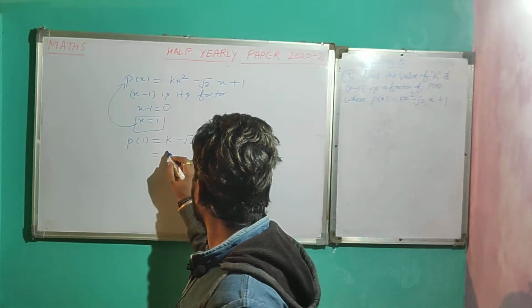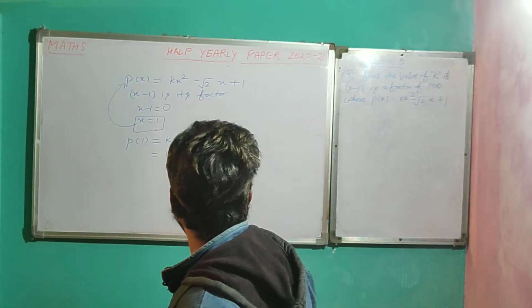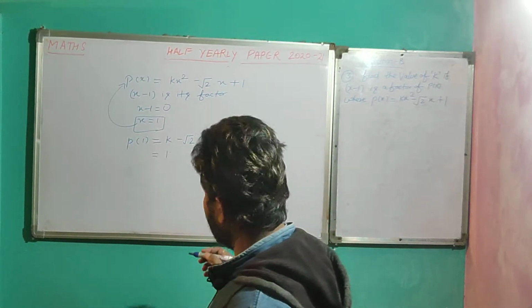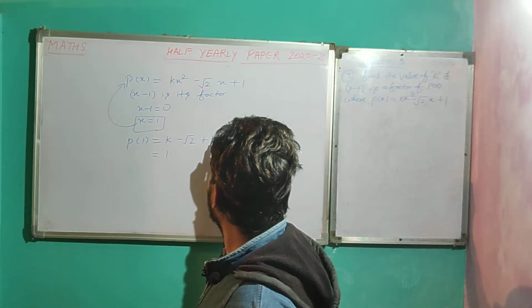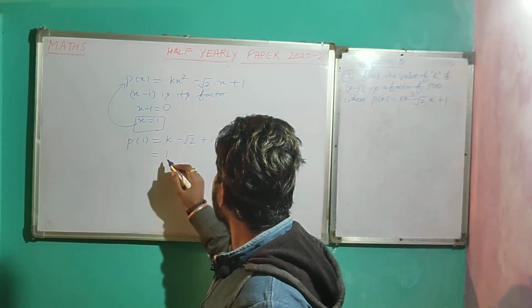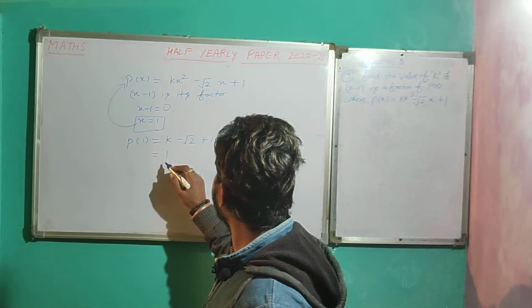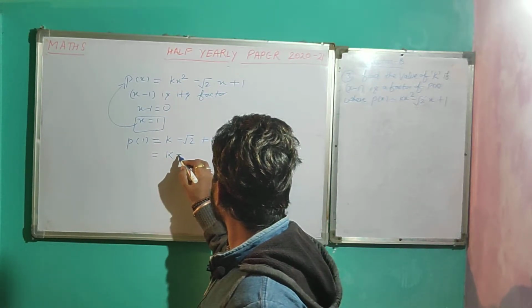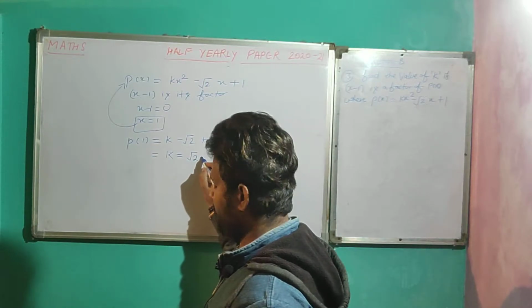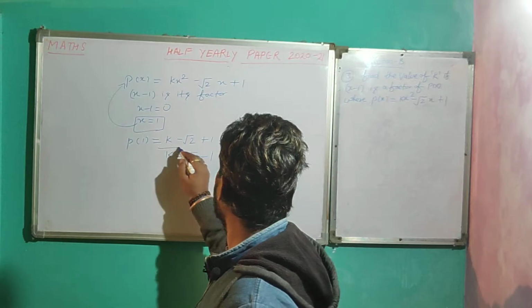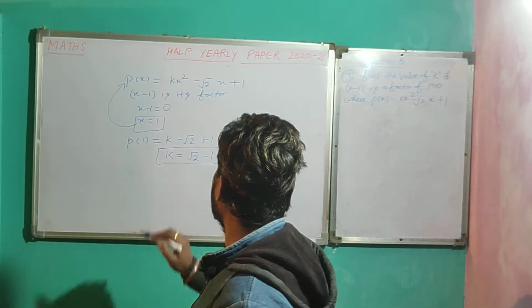Okay, this is equal to 0. Therefore k is equal to root 2 minus 1. Okay, we get k is equal to root 2 minus 1.